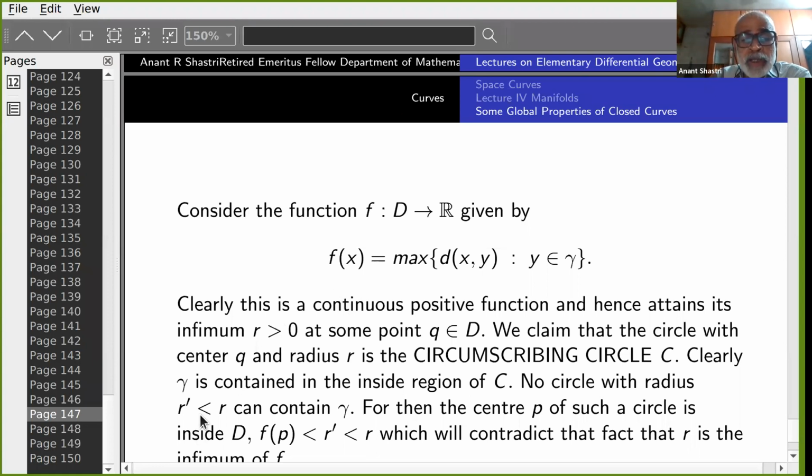Therefore, if you take any R prime less than R, it cannot contain gamma. For this, I have to look only at the points inside D, since if I go outside D, obviously they are bigger. That is the first part. For the center P of such a circle inside D, f(P) will be smaller than or equal to R prime, and R prime is less than R. That's a contradiction.